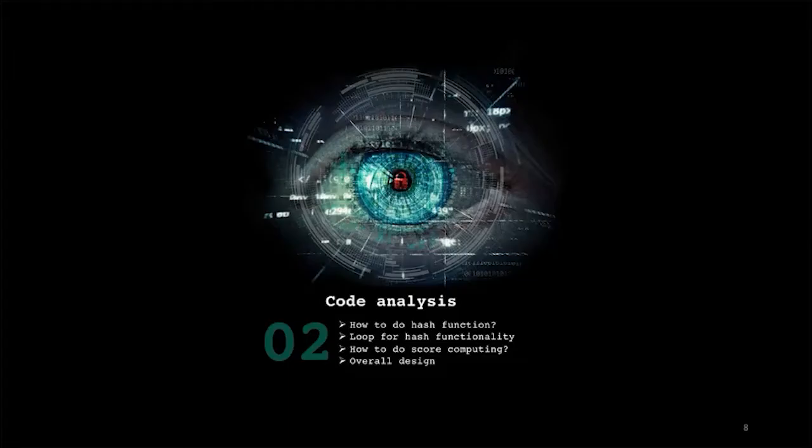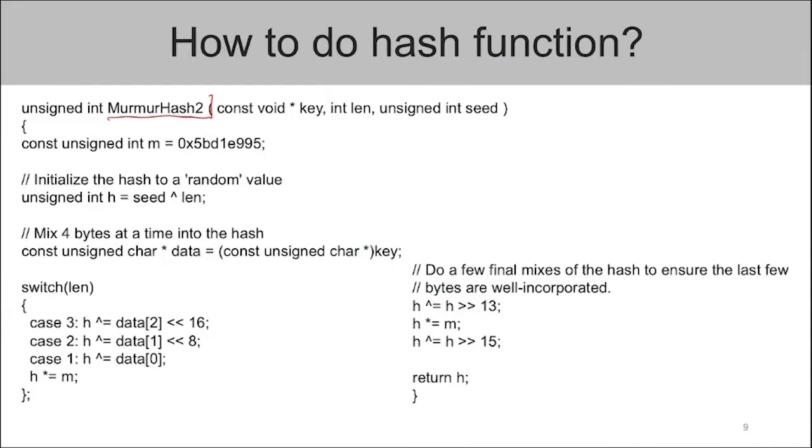Okay, so now I'm going to talk about code analysis. First, how to do the hash function, which is important. Here we can see this is our function name, and we will get a key and a seed.